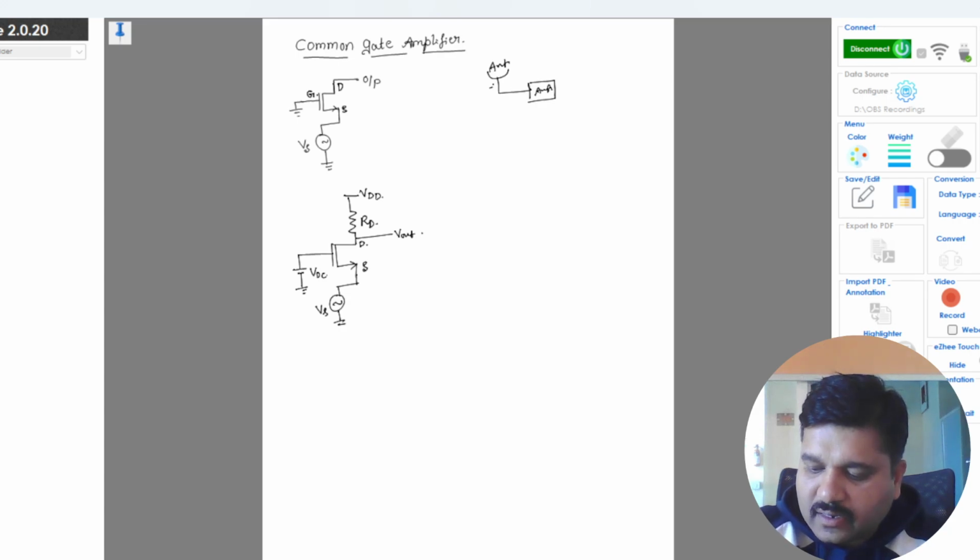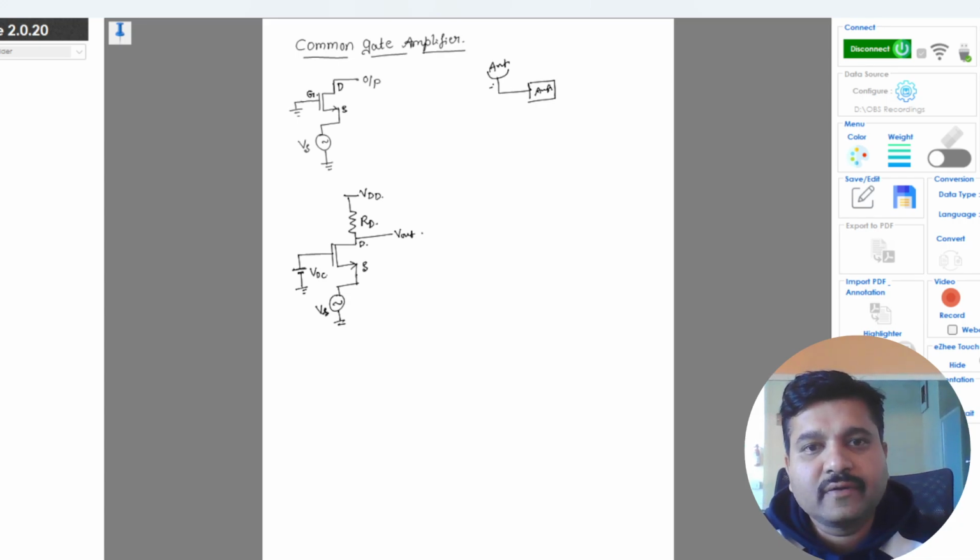VDC is the DC supply we give to bias the MOSFET device. RD is chosen properly such that the MOSFET operates in the saturation region, that is the constant current region. For the AC analysis this will be connected to ground.